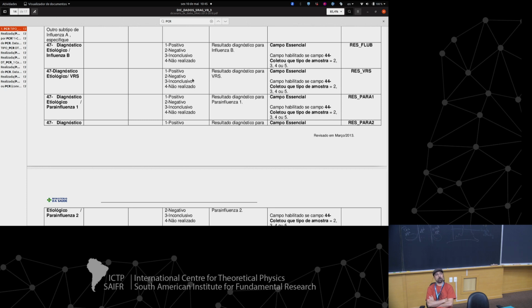Why is this important? Because if you want to calculate positivity, for instance, you need to know how many cases were tested, in fact. And what this database tells you is only whether it was tested with PCR or not. But for what pathogen, it's not there. You only know those that were positive, or if they have explicitly mentioned that it's negative. Okay, so that one I know that it was tested.